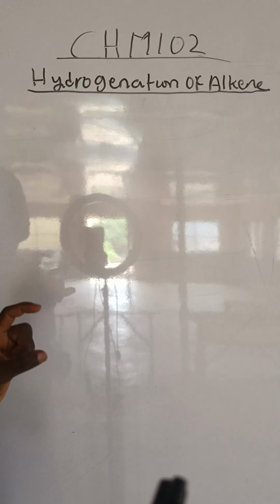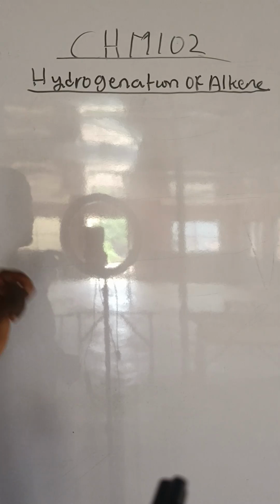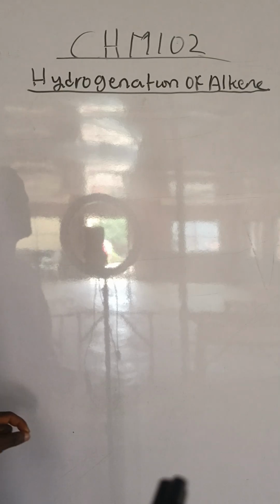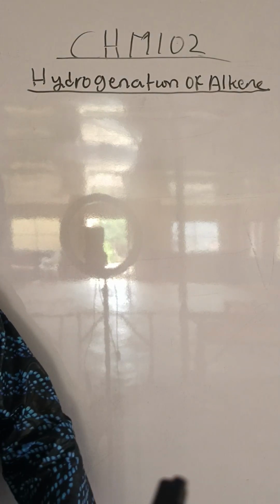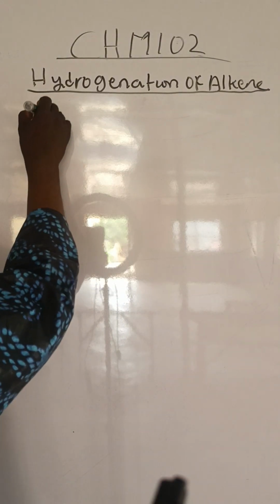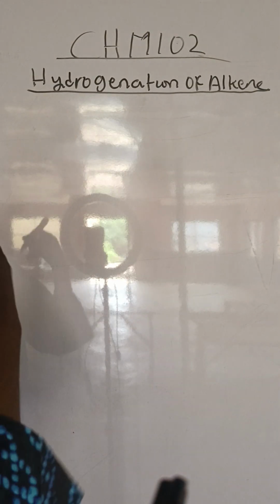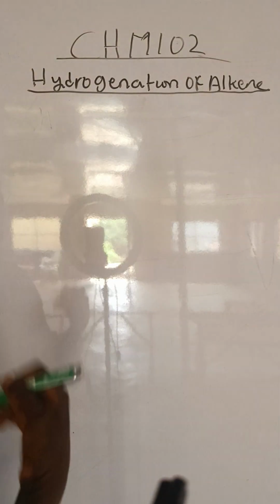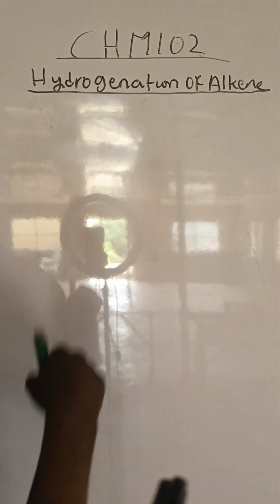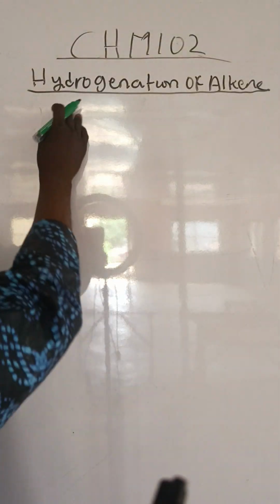So if I want to prepare alkane, I will add hydrogen to alkene. When I add hydrogen to alkene, it will give me alkane. Well, let's look at it very well. Let me write: alkane. I want to prepare alkane from alkene. Now, if I want to prepare alkane from alkene, I have to consider members of alkene.